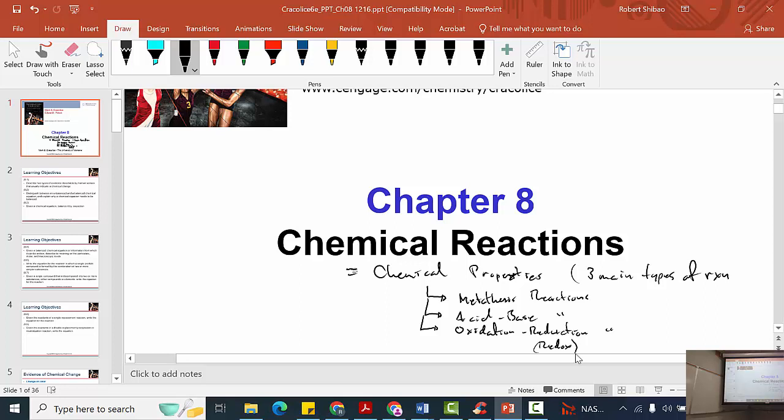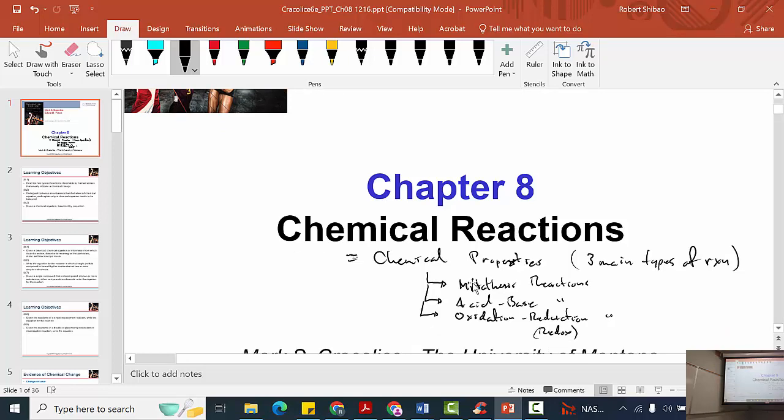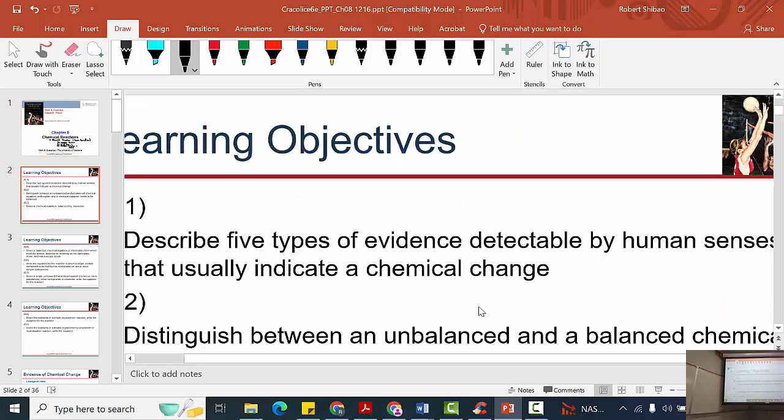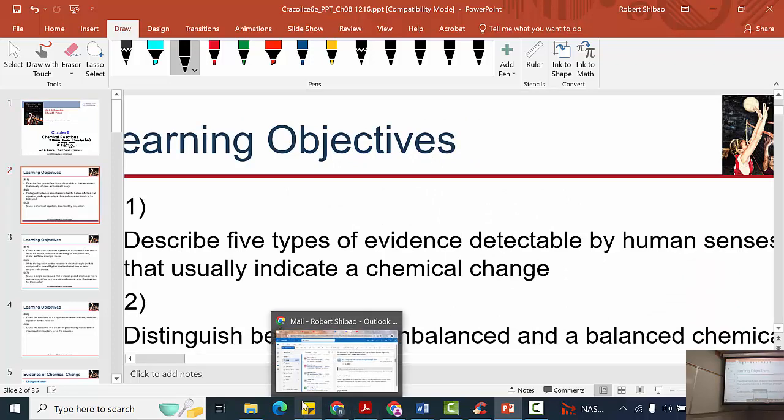And then we have variations of these as well. So normally when we think about chemical reactions, there are a lot of different chemical reactions.